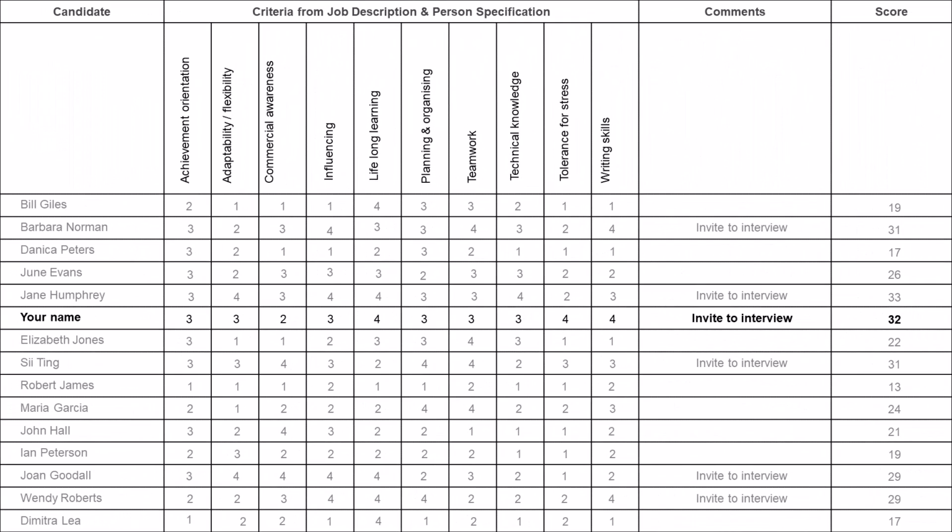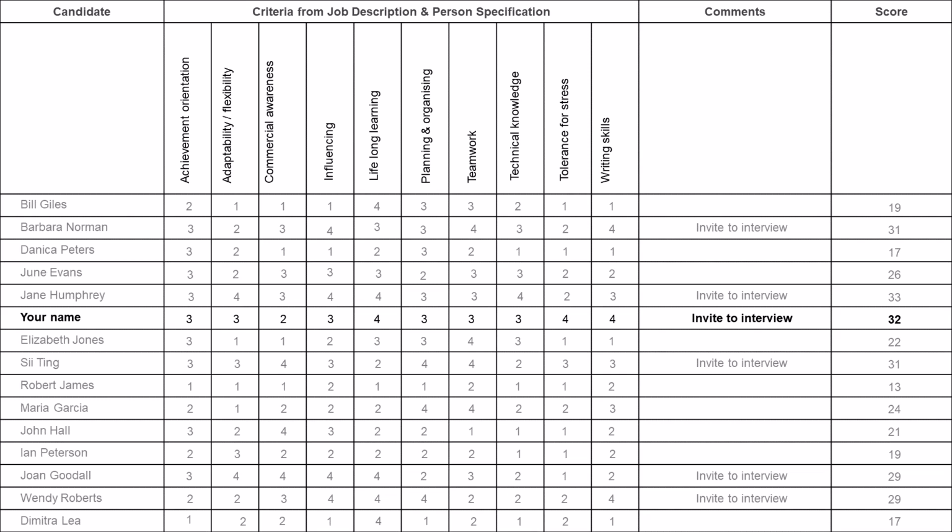The reason this language and these skills are so important to talk about is mainly because of how companies recruit. Imagine that you've got 50 CVs to go through in the space of an hour. How are you going to do it? This is how employers do it. They use something called a selection grid. So on the left-hand side, they've got the names of everybody that's applied, and along the top, they've got all the key skills that they've actually asked for, lifted usually directly from a person specification.